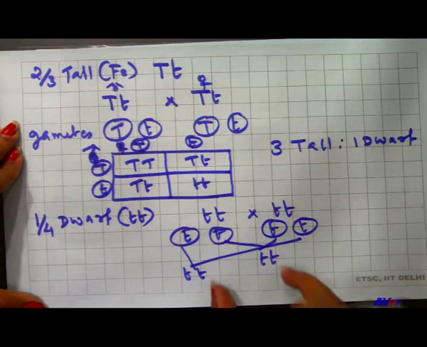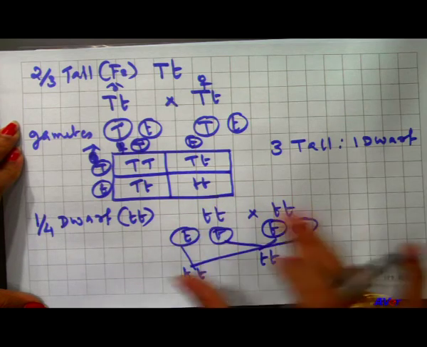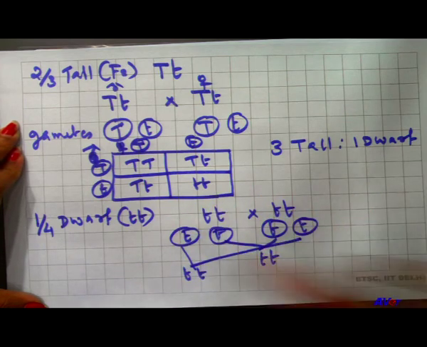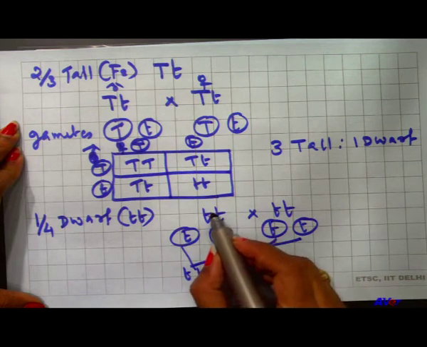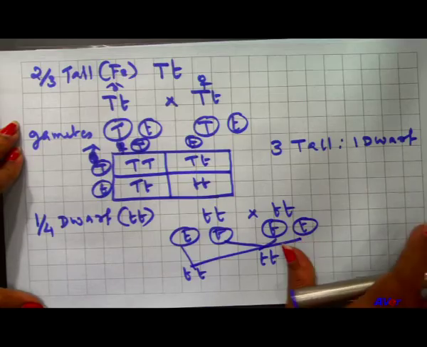Here it is emphasized why we are getting this same phenotype again and again. The answer comes, it is homozygous, controlled by similar alleles.